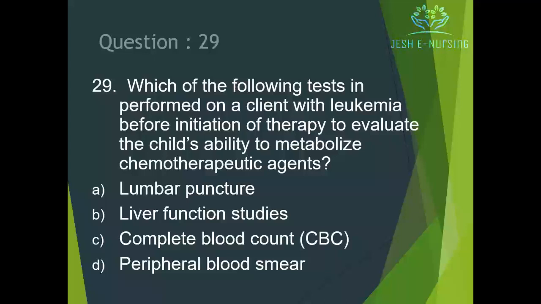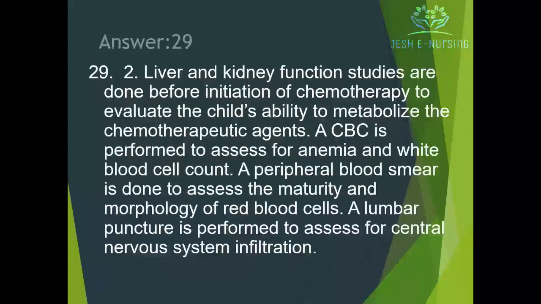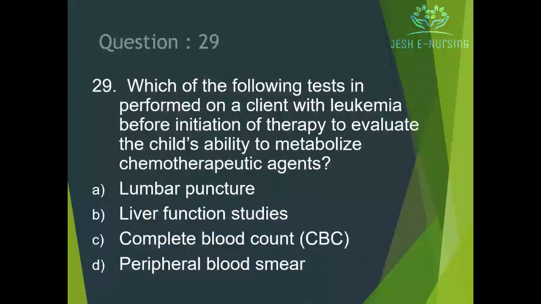Question number 29. Which of the following tests is performed on a client with leukemia before initiation of therapy to evaluate the child's ability to metabolize the chemotherapeutic agents? Answer is 2, liver function studies.